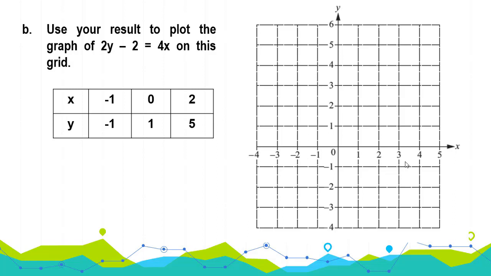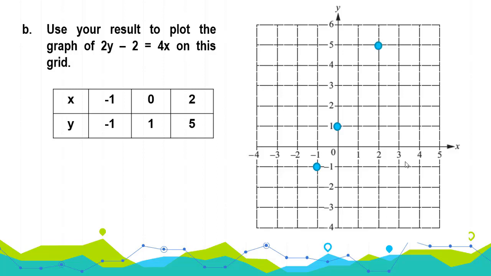So in here, the second point, for x is 0 and for y is 1. This is the symbol. Okay, the last point is for x is 2 and then for y is 5.